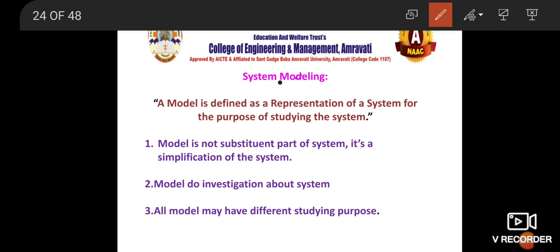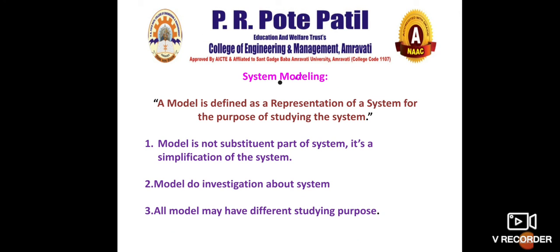So knowing about the system, investigating the system, and the system could be anything. Remember, it is very important for you to understand what a system is. Anything that comes to your mind which consists of certain tasks and activities which are interrelated and interdependent is called a system. Now based upon what the system is, how complex it is, how complex the variables are, how versatile it is, and what factors have been considered, you can make a model and study a system.